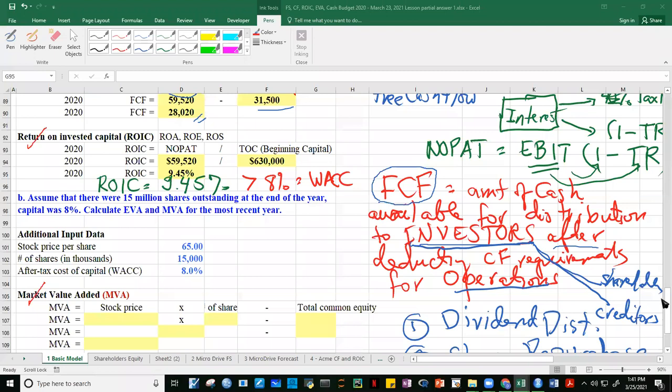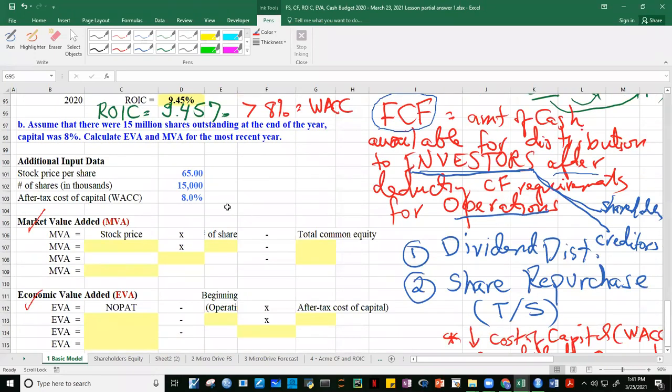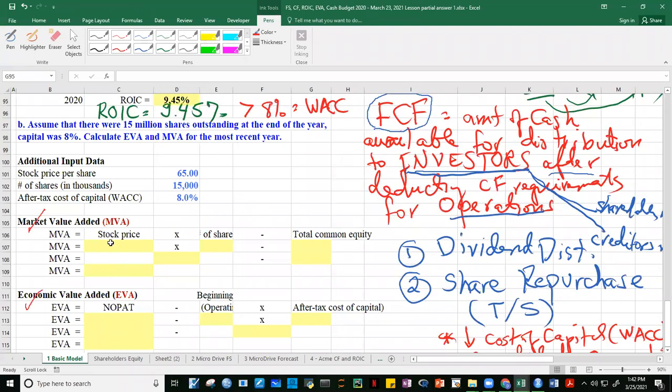All right, so let's go now to MVA. What's market value added? As the name suggests, it's market value. It's the difference between the book value, which we see in the balance sheet, and how much the value of the company's equity or stock really is in the market now. So let's look at MVA.